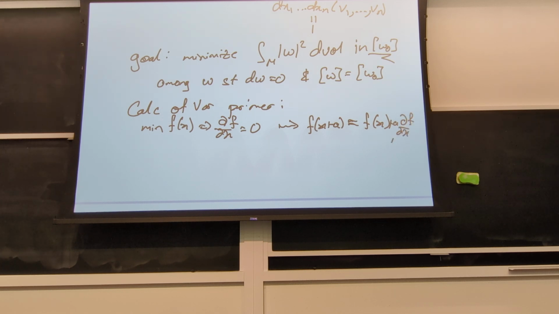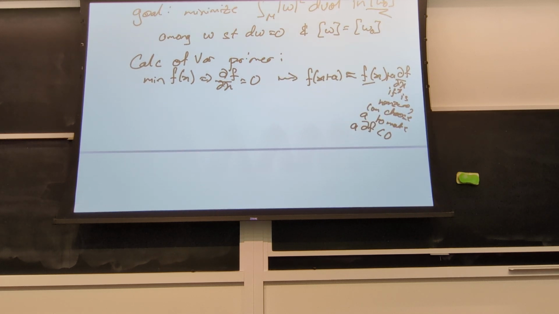And so if this is non-zero, then we can choose a to make a partial f less than 0. And so that will mean that f(x) is not a minimum. So let's just say if you displace a little bit, you can make it smaller.